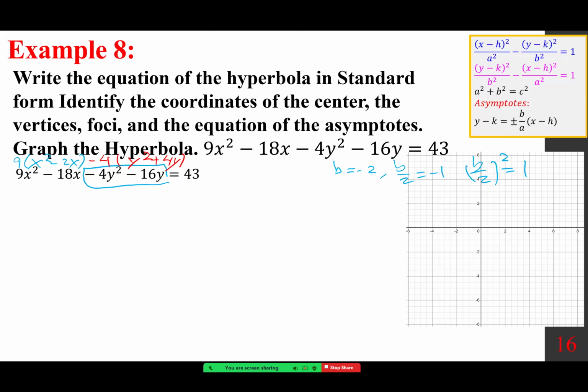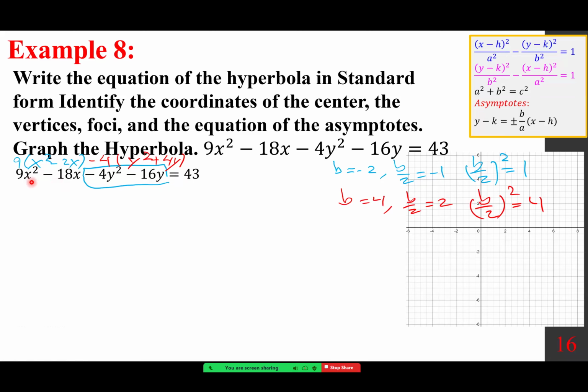Square it, you get +1. So we need +1 for that. For the red one, b is 4. Divided by 2, you get 2. Square it, you get 4.